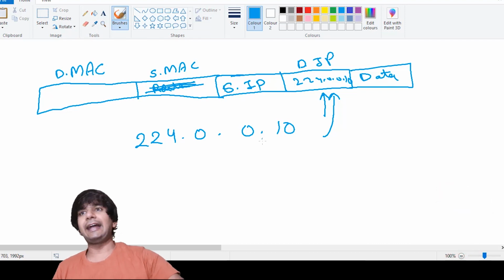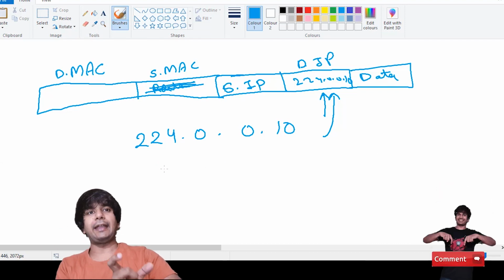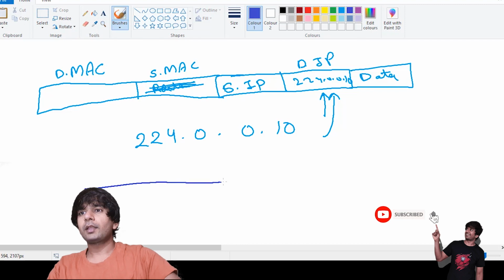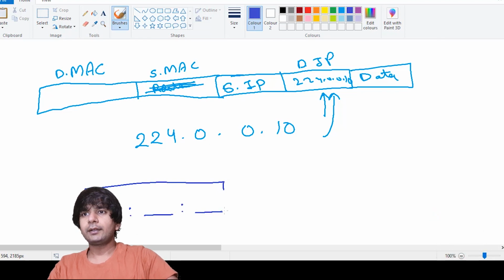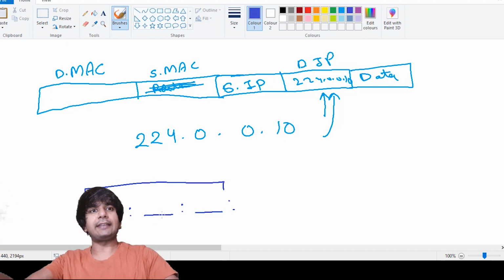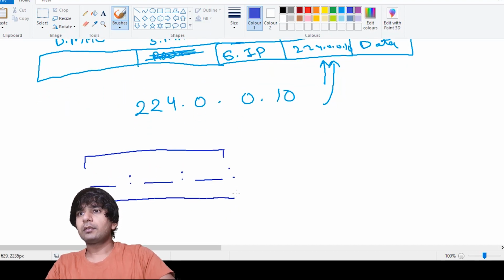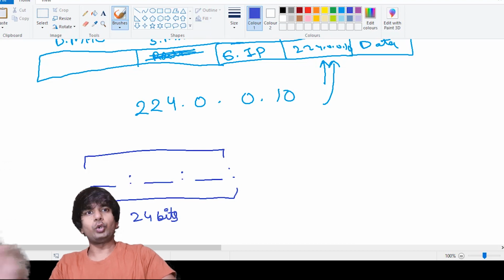As you know, a MAC address has two parts. We can divide a single MAC address into two different fields. These are six hexadecimal digits, meaning the first 24 bits, and the total is 48 bits, right?